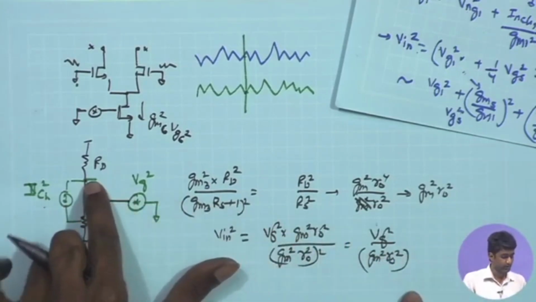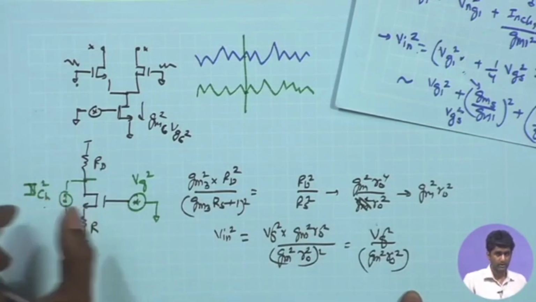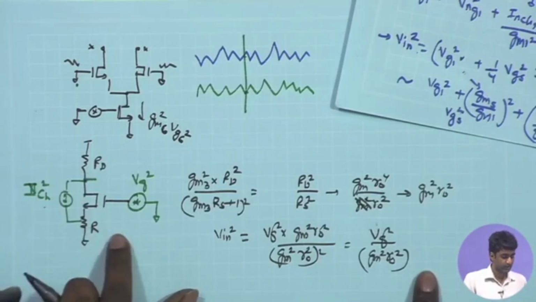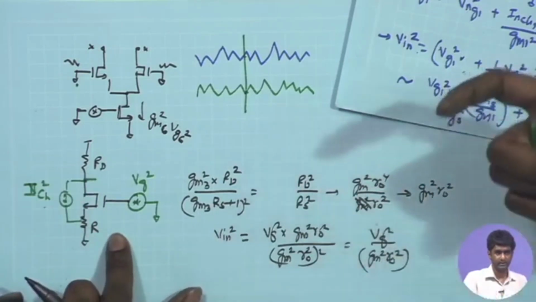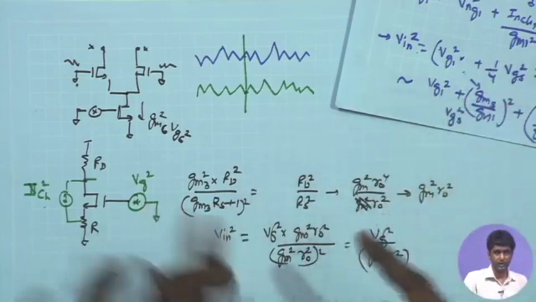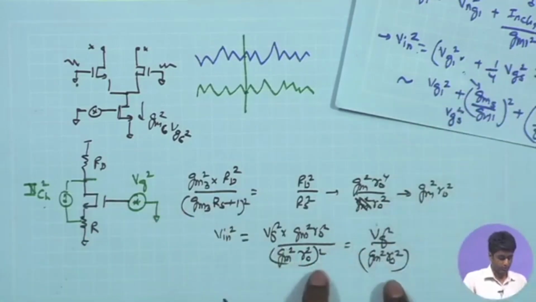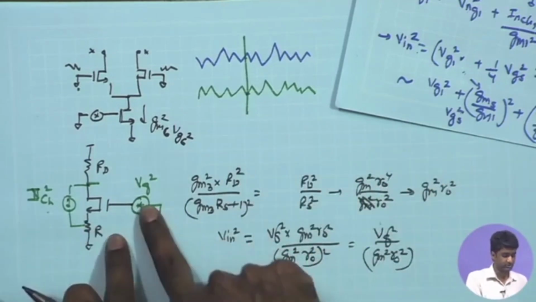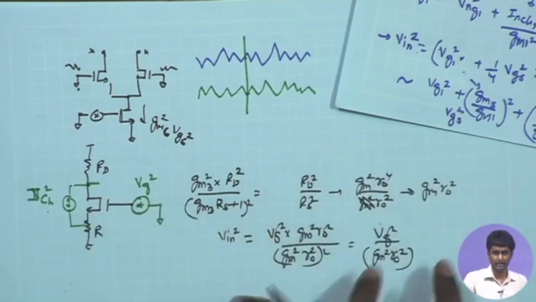Even at the output, if you consider, for example, the input device or the devices which are connected to the sources, their VG square is directly getting multiplied by the gain of the amplifier, which is gm square RO square. So there you have a multiplication factor of (gm RO) whole square, whereas the contribution of this source is lower by a factor of gm RO.